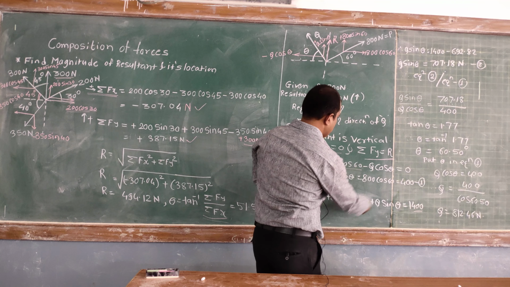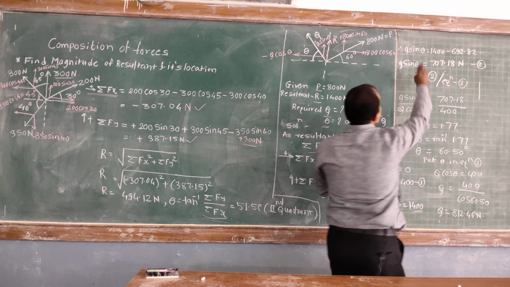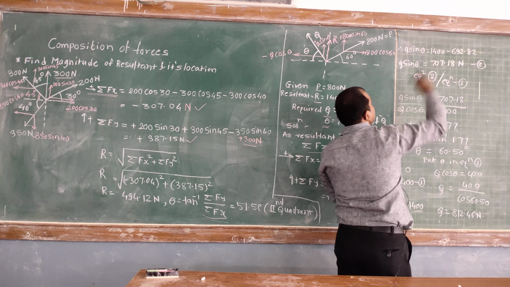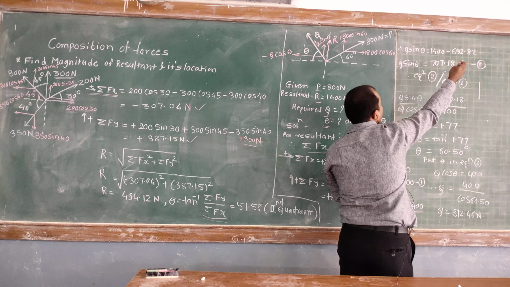Okay, now we have to simplify this equation. So you will get Q sin theta is equal to 1400 minus 692.82. If you solve this, you will get another equation, Q sin theta is equal to 707.18 Newton. Let's say this is equation number 2.